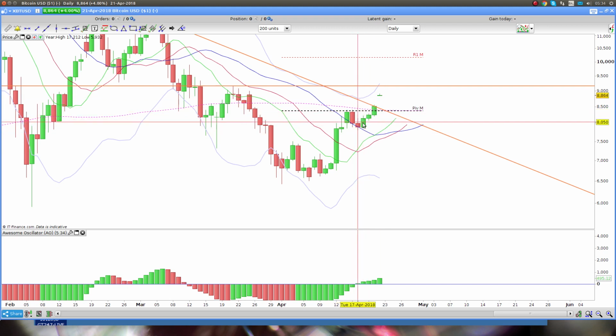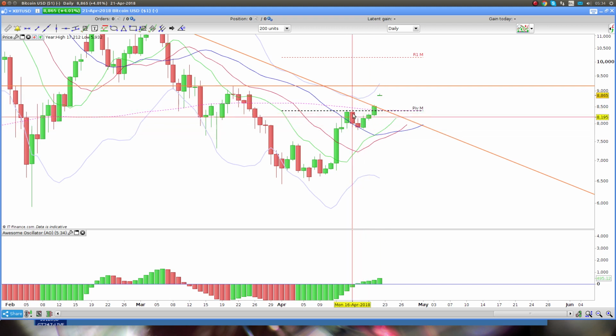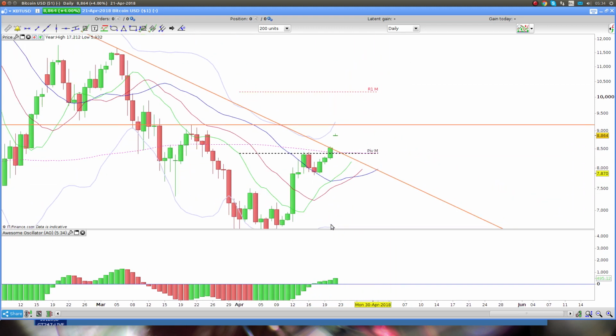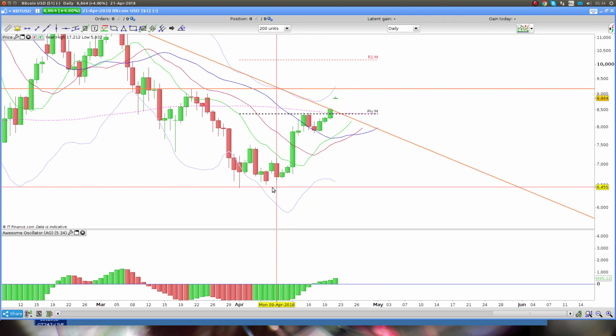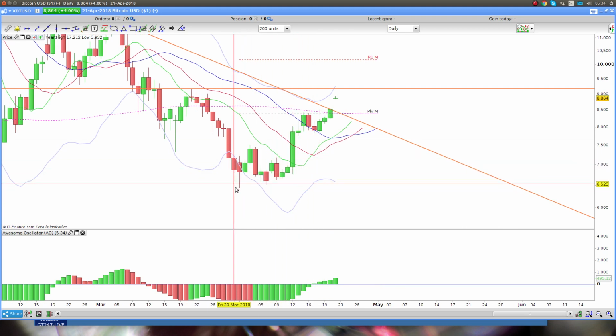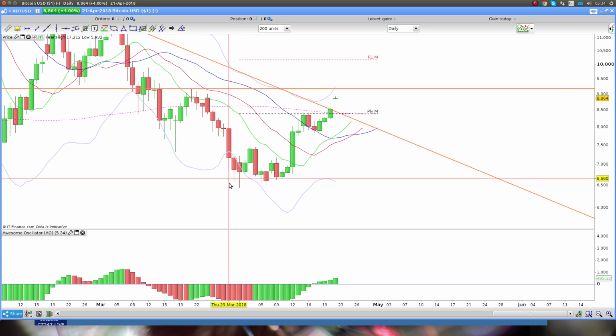So it's not really a fractal. In a smaller time frame it may be, but on the daily it's not. Okay, so from Bill Williams' perspective it is this pin bar here.